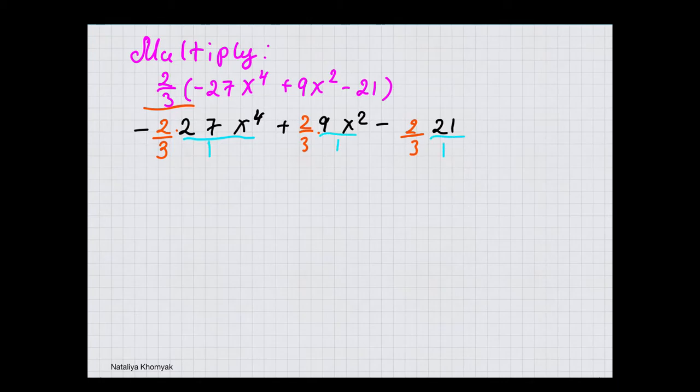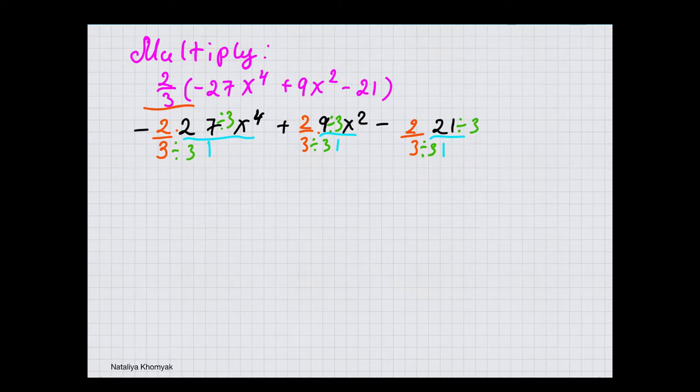Now remember that each whole number can be written as over 1. On this step, I would like to reduce before multiplying, so 3 can be divided by 3, and 27 can be divided by 3. 3 can be divided by 3 here, and 9. 3 can be divided by 3, and 21 can be divided by 3.